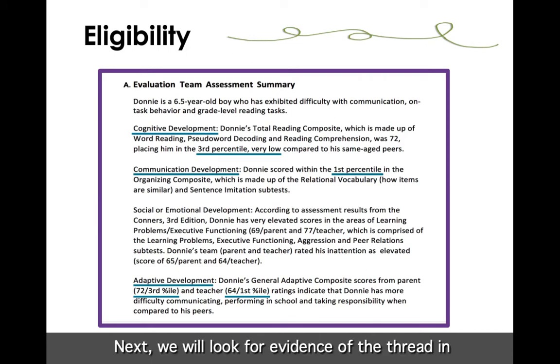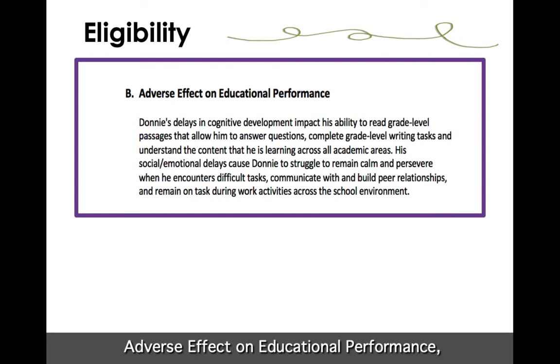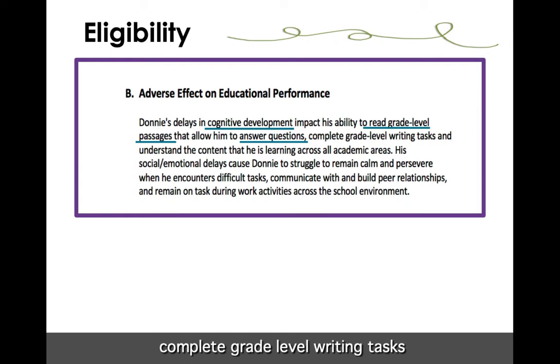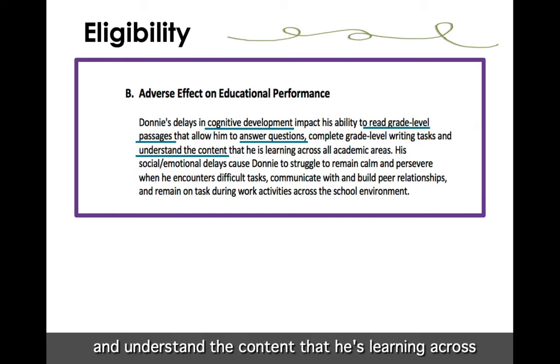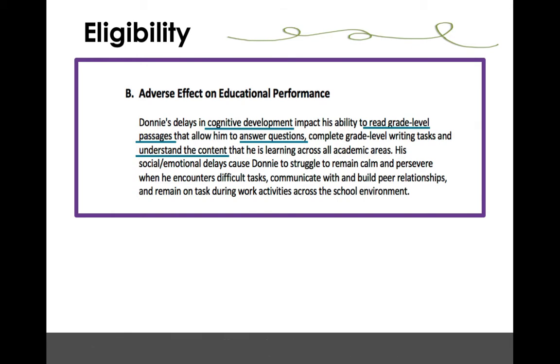Next, we will look for evidence of the thread in prongs 2 and 3, adverse effect, and the need for specially designed instruction. For Section B, adverse effect on educational performance, or prong 2, Donnie's delays in cognitive development impact his ability to read grade-level passages that allow him to answer questions, complete grade-level writing tasks, and understand the content that he's learning across all academic areas.